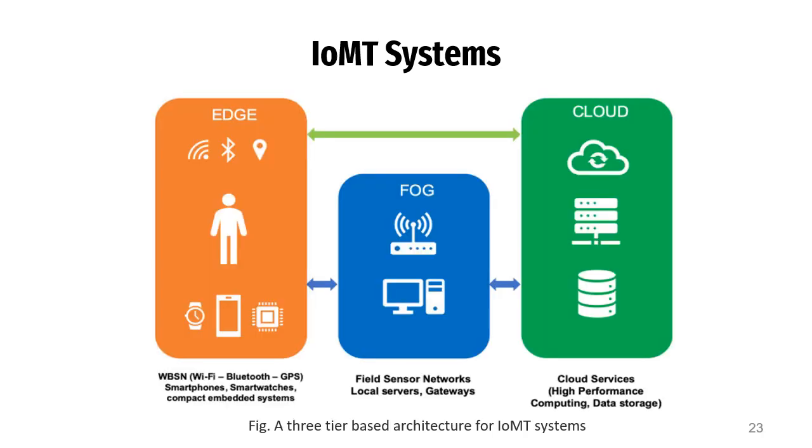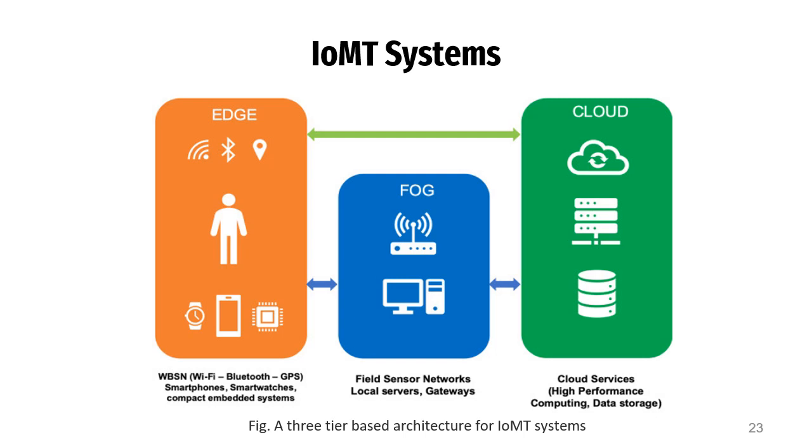Here is a three-tier architecture of the Internet of Medical Things. We have the edge, fog, and cloud layers. The edge layer contains a smartphone, smartwatches, or maybe any compact embedded system device.